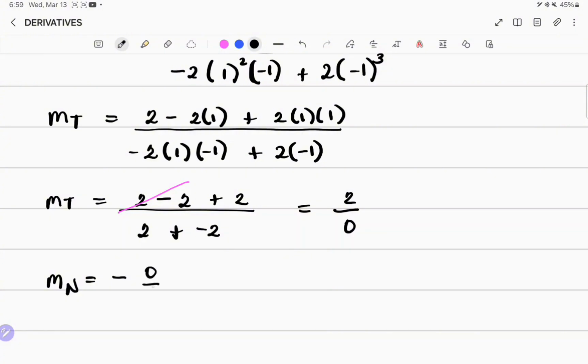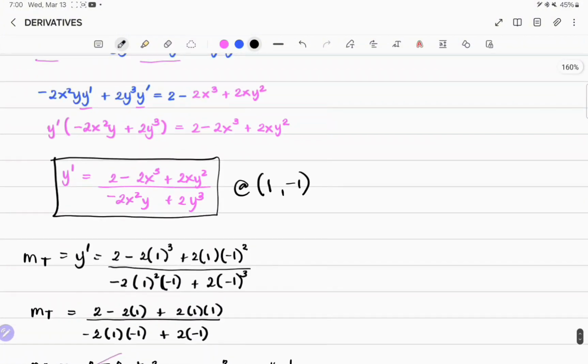So it will become 0 over 2. The tangent line is vertical, and in this case the normal line is horizontal because its slope is 0. The other one is undefined, which is a vertical line.